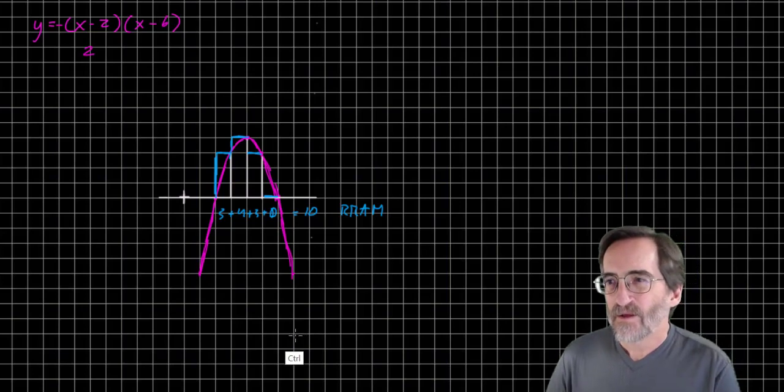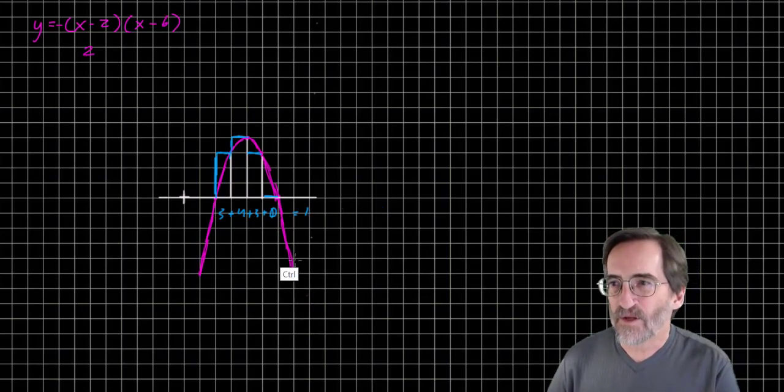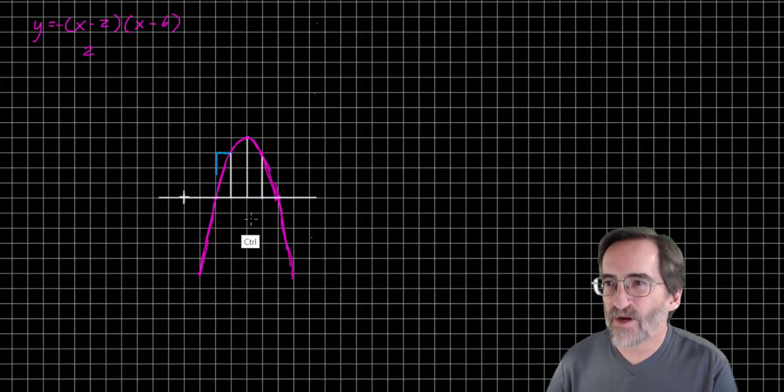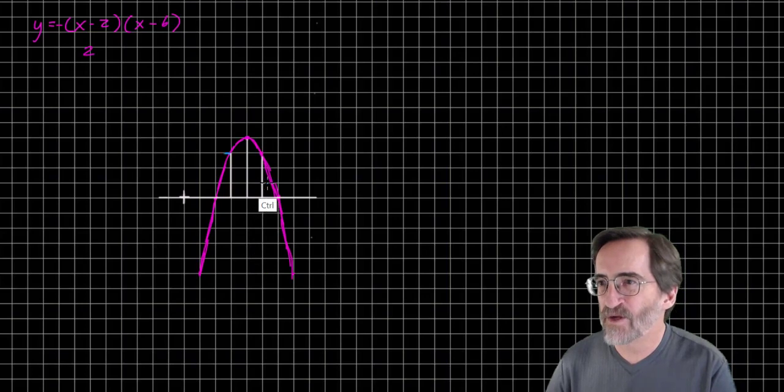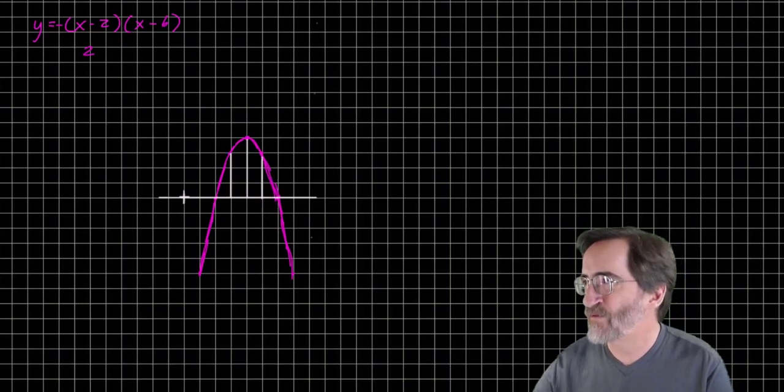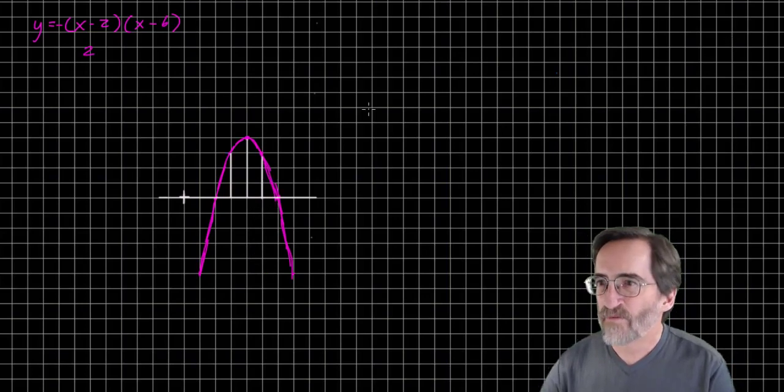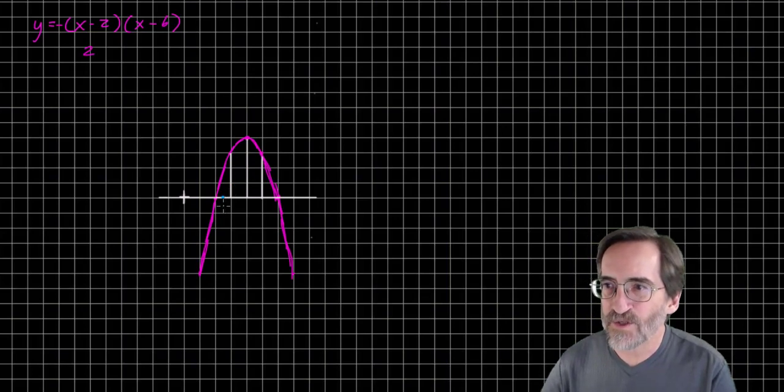Okay. The midpoint is a little more complicated, so let's do it here. The midpoint says let's take, for the height of each band, the midpoint of the domain. What is the height at the midpoint between 1 and 2, or 1.5, or 3/2?